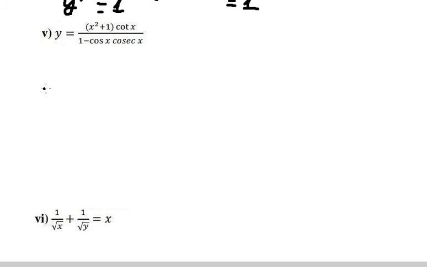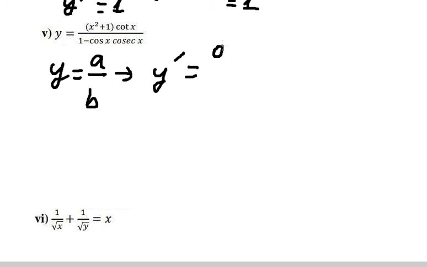Question number 5. We apply the quotient rule in here. So if we do the first derivative, we do the first derivative of a multiplied by b, minus the first derivative of b multiplied by a, over b squared.